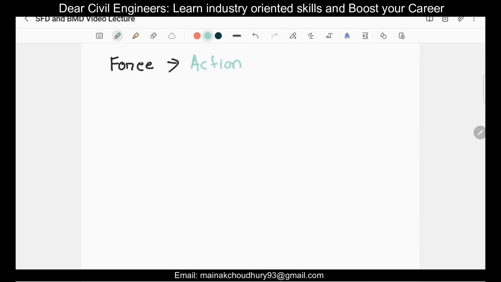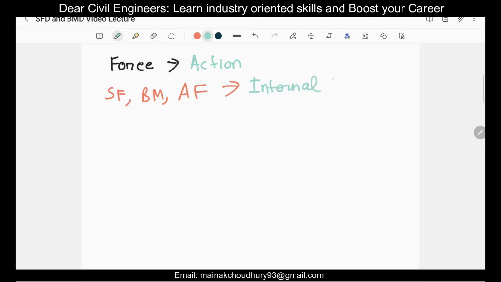The other things which are developed, the shear force, bending moment and axial force, are called the reactions, or to be precise, the internal reactions.